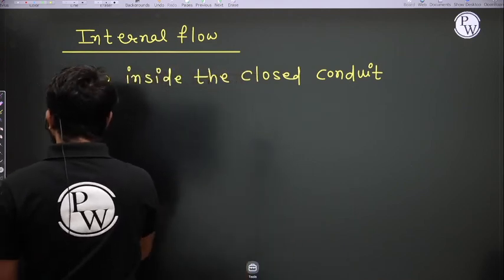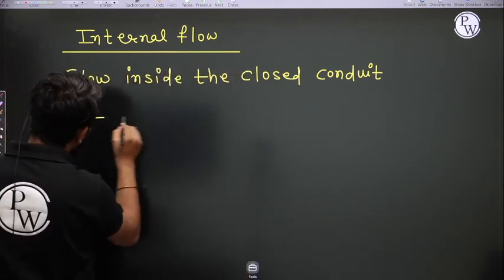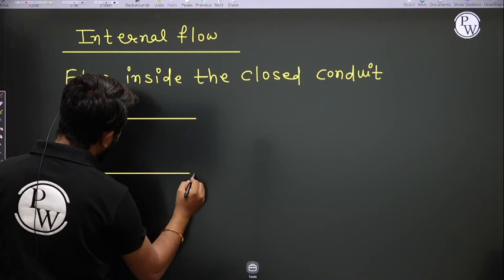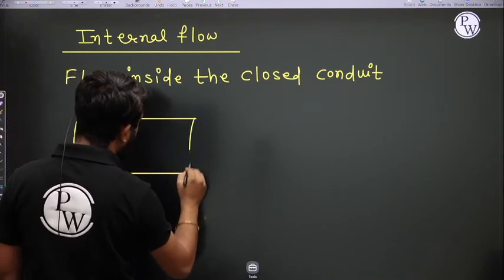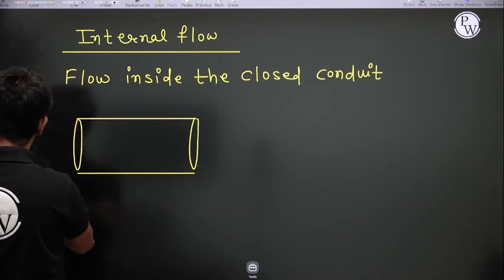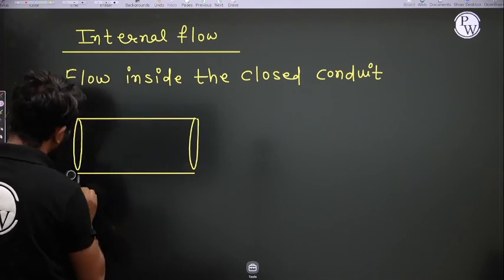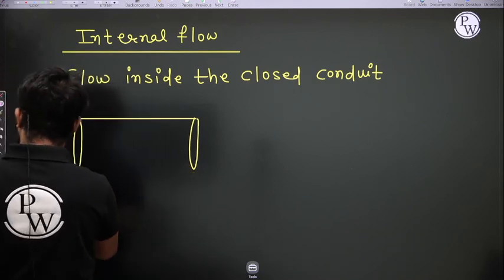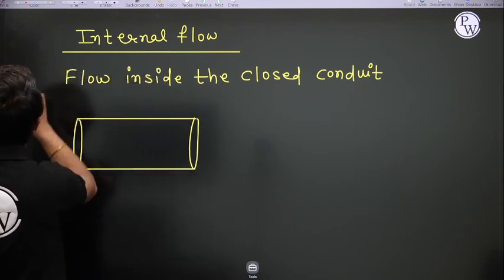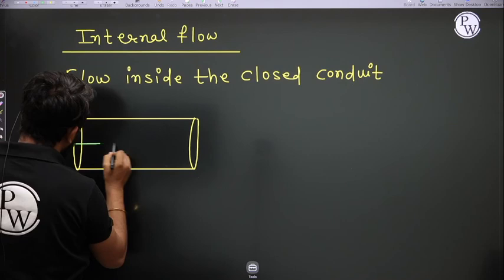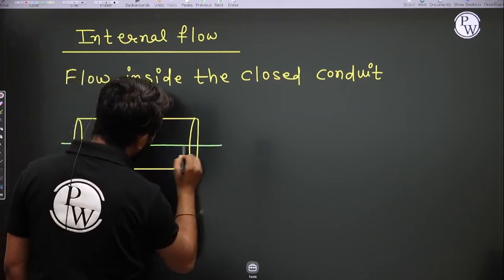The closed conduit may be a pipe. Say this is a pipe. So this is flow inside the pipe.